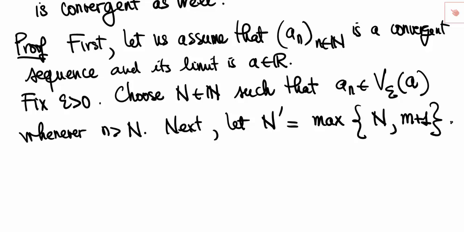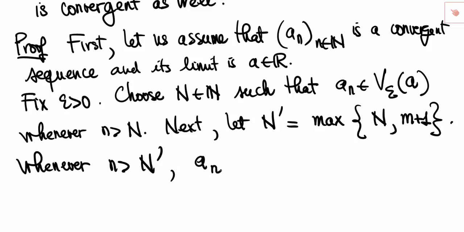Then whenever little n is bigger than N prime, we know that n is going to be at least M plus 1, and because N prime is at least big N, then by assumption a_n is in an epsilon neighborhood of a.